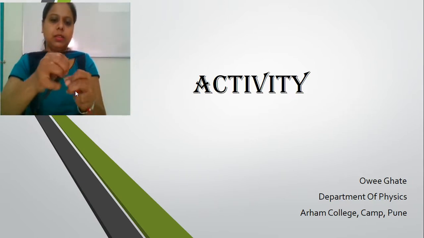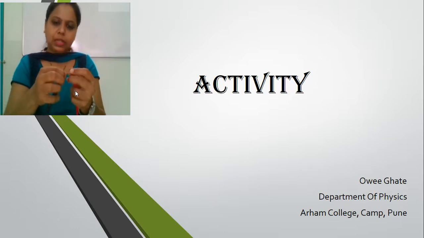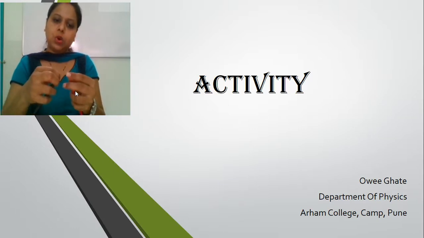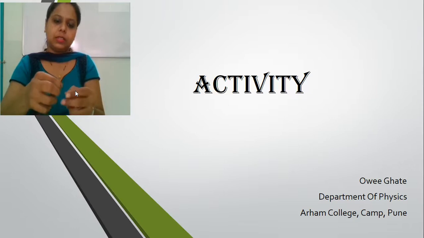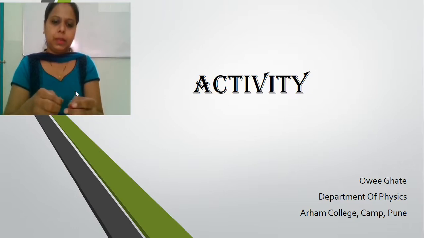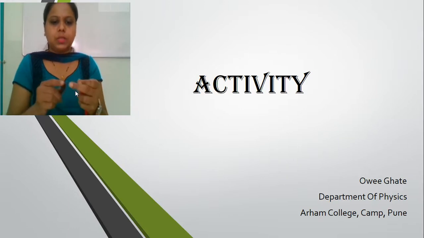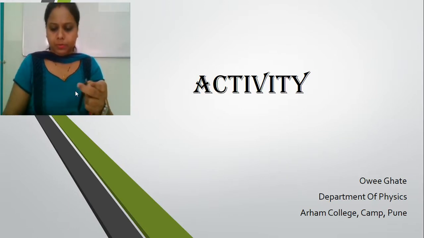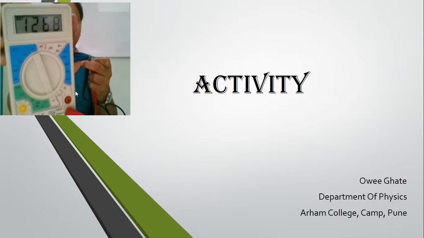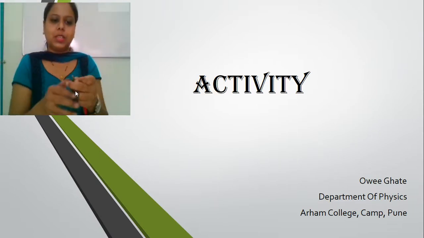Wherever you see the silver band, you can consider it the negative, as I also told you in the diagram. So here it is showing some current. That means it is also in working state.